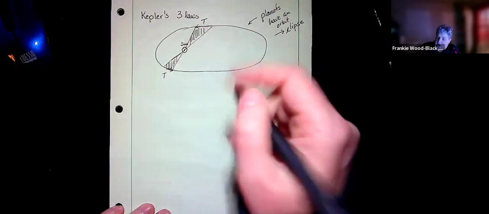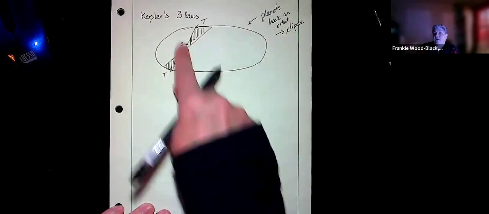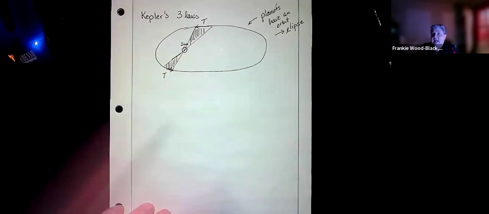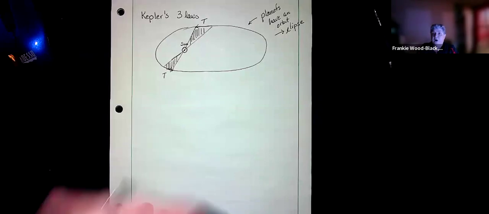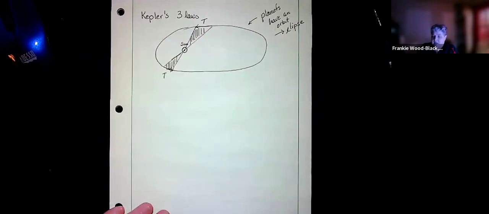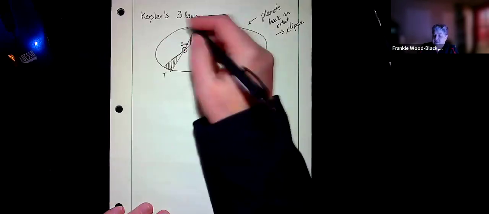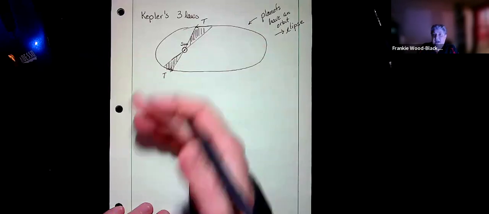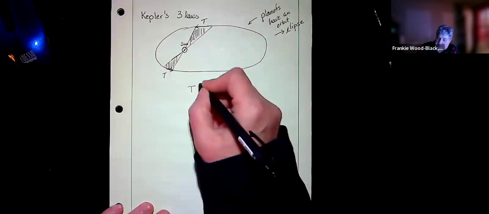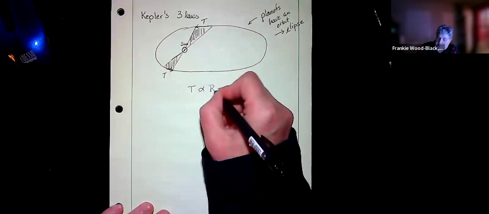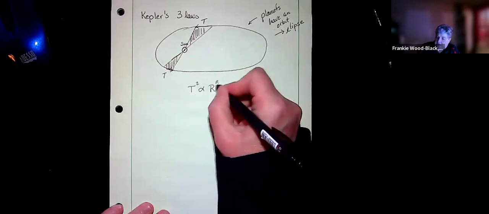And then he says, all right, if we assume that my orbit isn't an ellipse, I've really exaggerated it here, but if you think of the moon and Mars and Mercury, what you'll see is that we can make an approximation that this is actually a radius, and that my period and my radius are proportional: the period squared and the radius cubed.